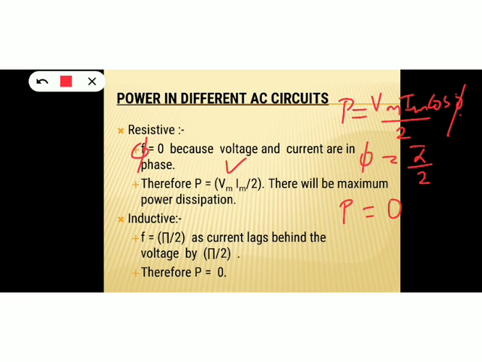When phi is pi by 2, current lags behind the voltage and power will be 0. It will be an inductive circuit.